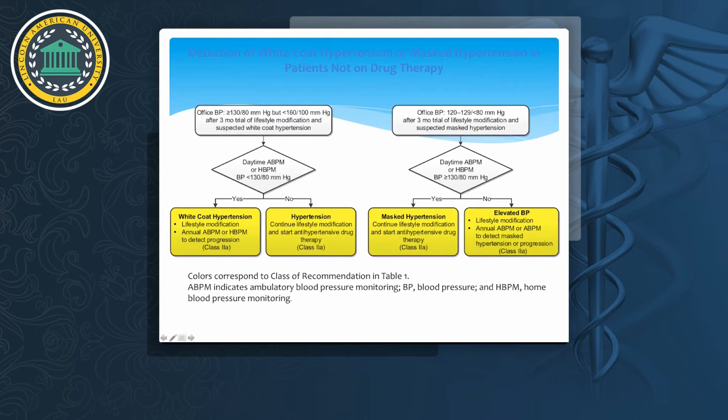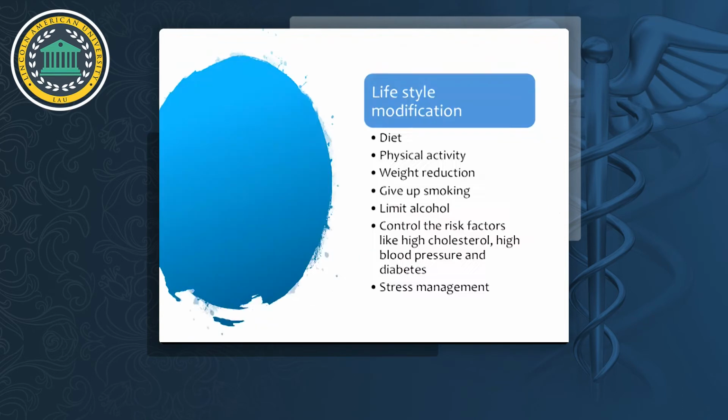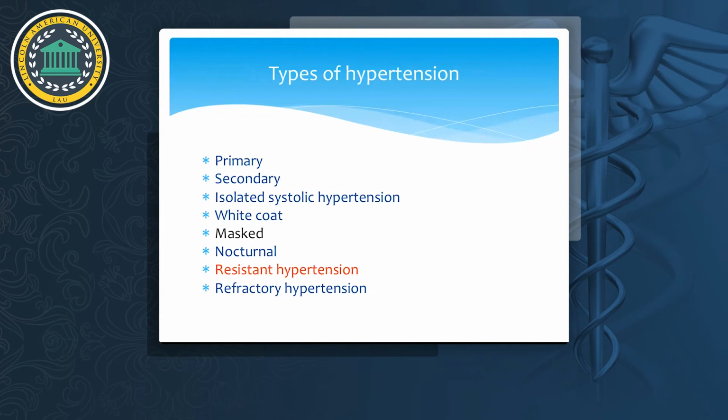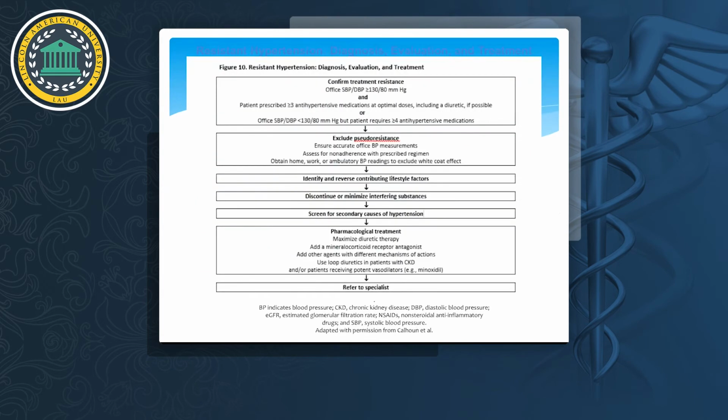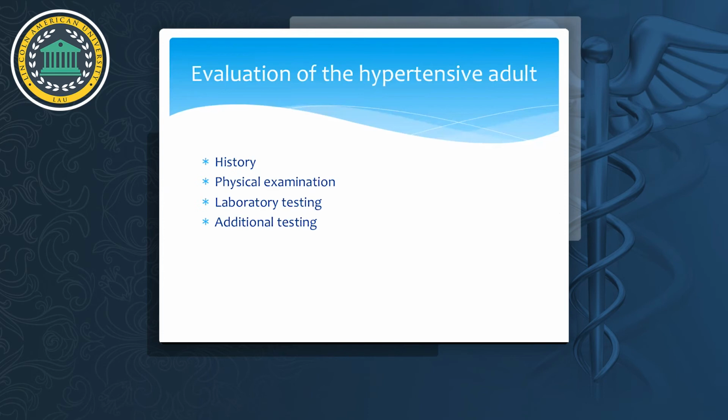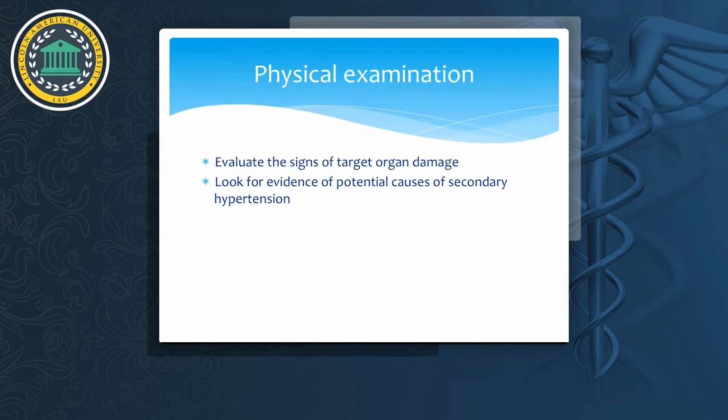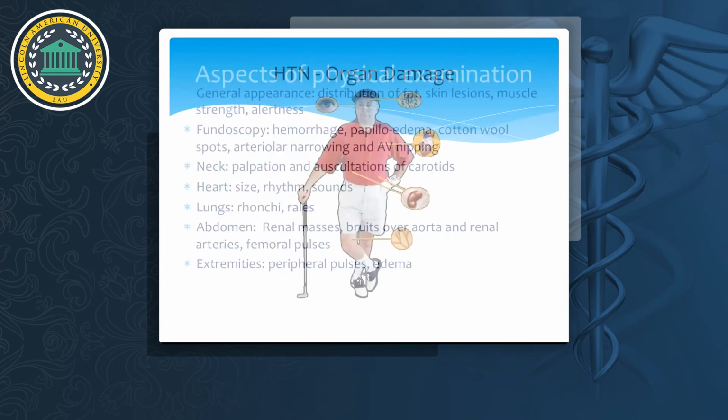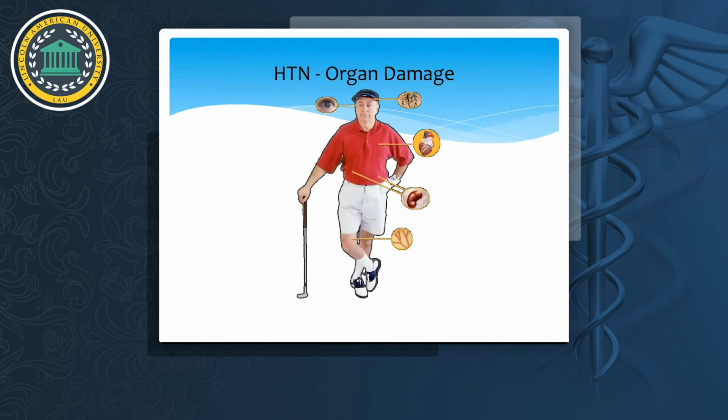My question to everyone once again, what is target organ damage? The specific organ is damaged due to the hypertension. Absolutely. I'll go forward a few slides to show you the target organ damage. When you have high blood pressure, it affects certain organs of the body.